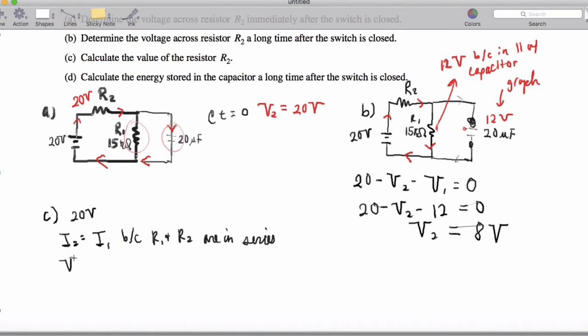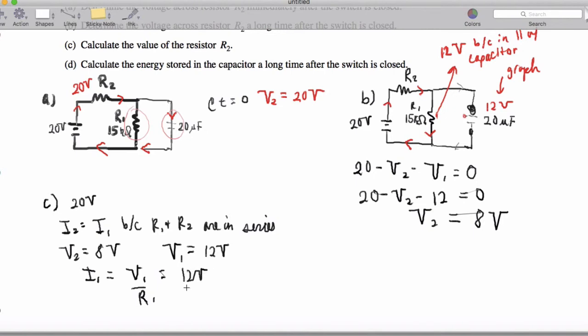We know the voltage across resistor 2 is 8 volts. We know the voltage across resistor 1 is 12 volts. So let's go ahead and get I1 using V1 over R1.